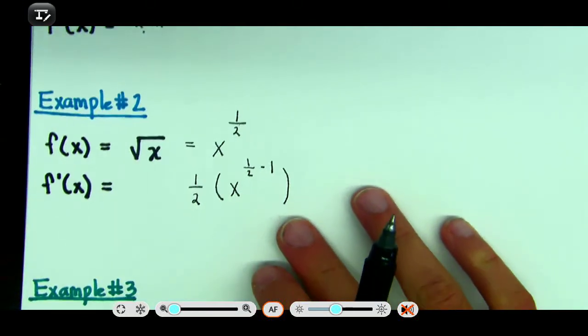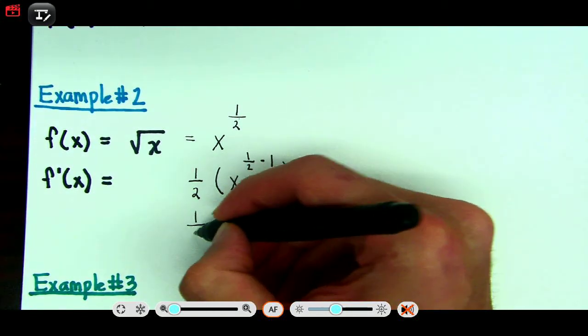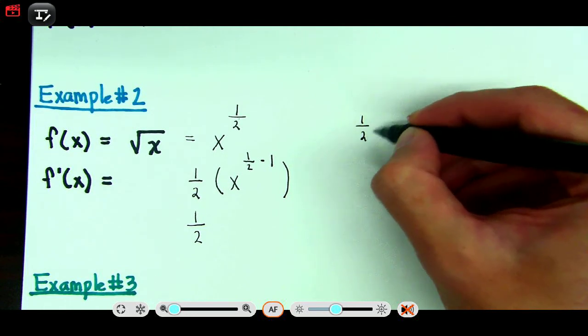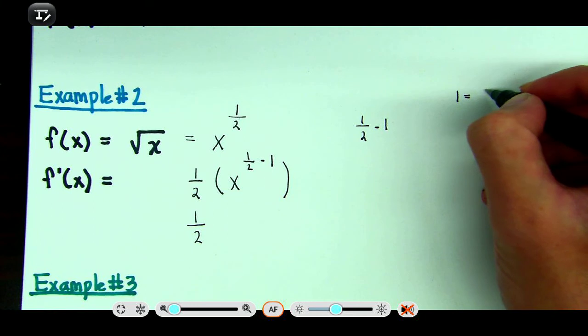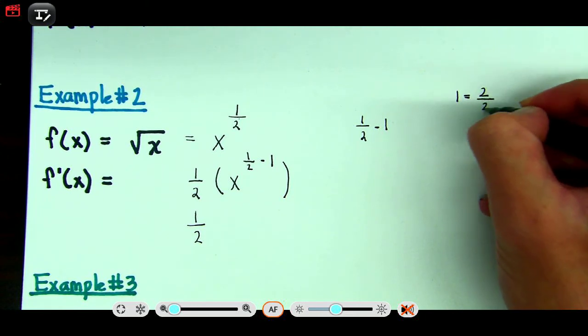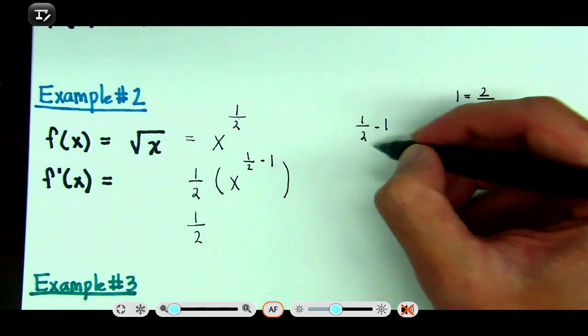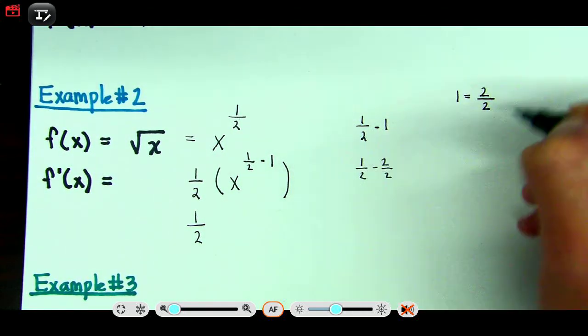So here we just have to get used to the idea of fractions. Notice that this 1/2 stays the same. Now this is just algebra. What is 1/2 minus 1? Notice that 1 is still equal to 2 over 2. So we're going to express this 1 as 2 over 2. So we have 1/2 minus 2 over 2. And why did we express it as 2 over 2?